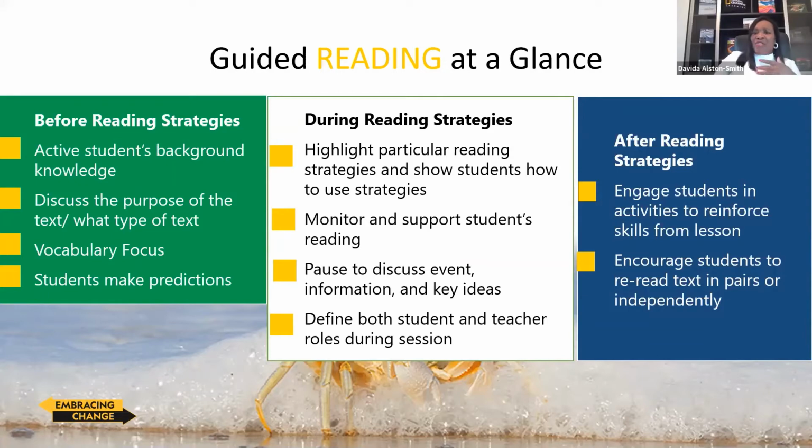So we have these before, during, and after strategies. Before is when we get back to, remember I talked about those important strategies to become an effective reader. This is where we would be activating prior knowledge. We would have students make predictions about the text that they're about to read. Discuss the purpose of the text, what type of text, what text features are going to help them to analyze the text.